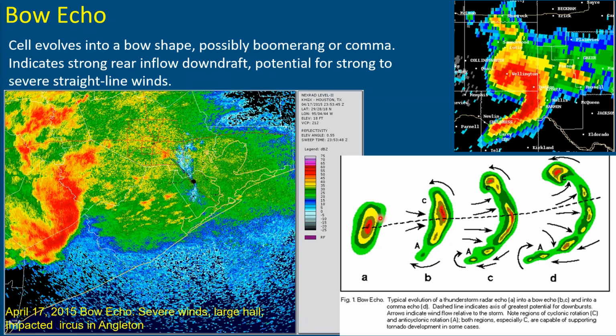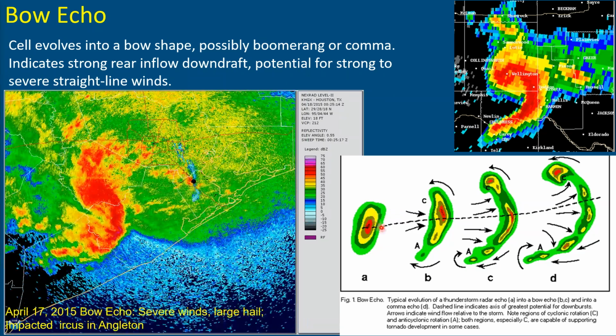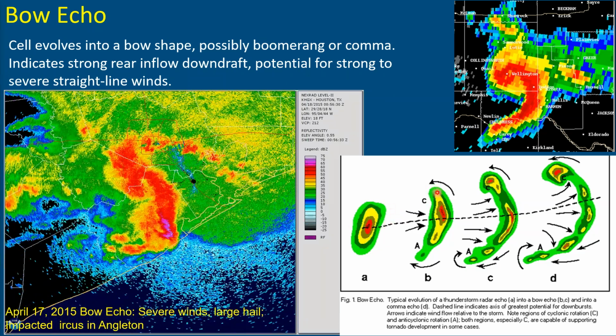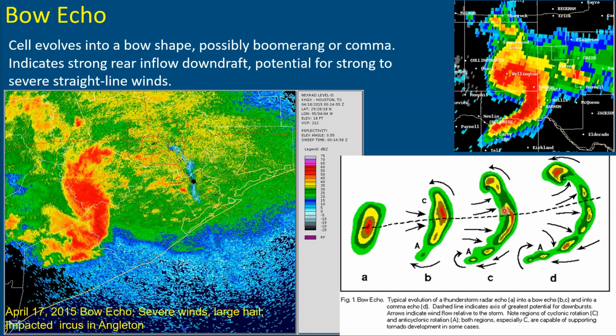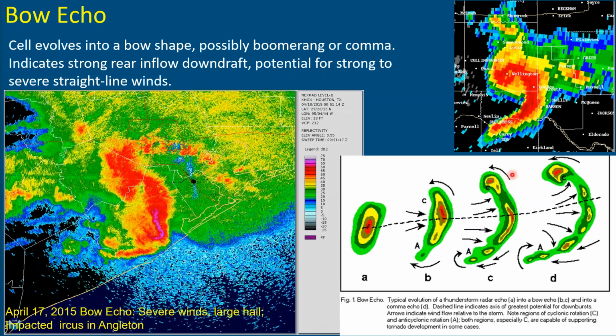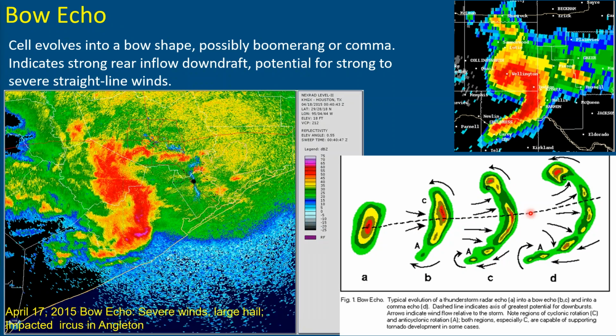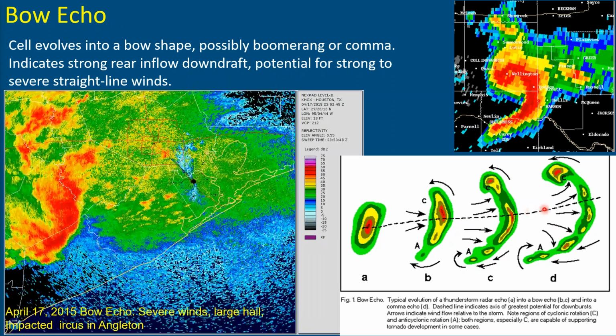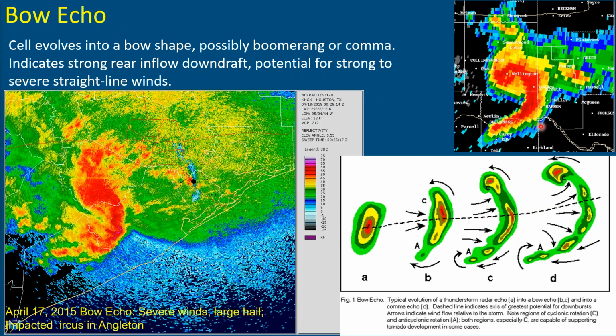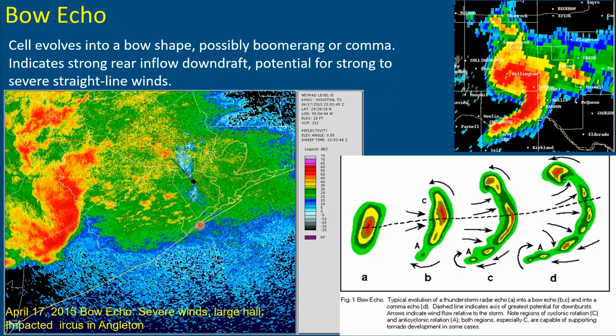In the lower right, you can see a typical sequence. It starts out as a cell, becomes more elongated into a comma shape and a boomerang shape. When you see this moving quickly along, think very strong straight line winds, near the apex of the bow, near where it's bowing out.